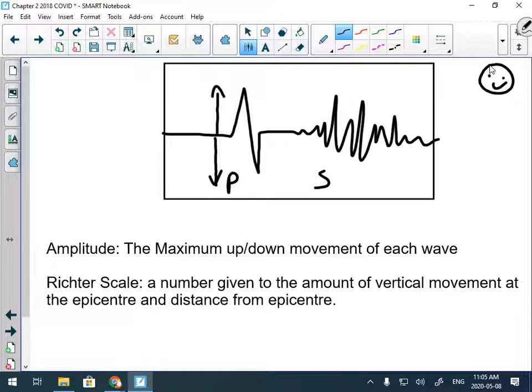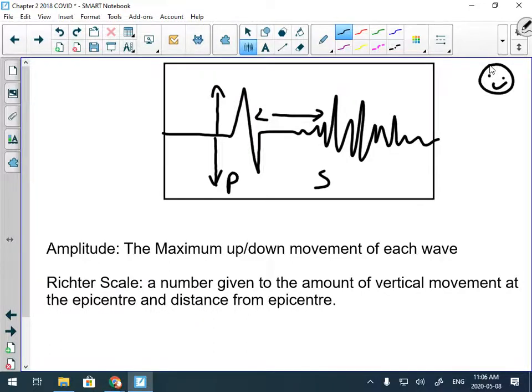But it also depends where you are from the earthquake. If you're really, really far away, those waves aren't going to be as powerful. Then we look at the distance, the time between the P and the S waves. Both of those come together to show where the earthquake has occurred and the strength of the earthquake.